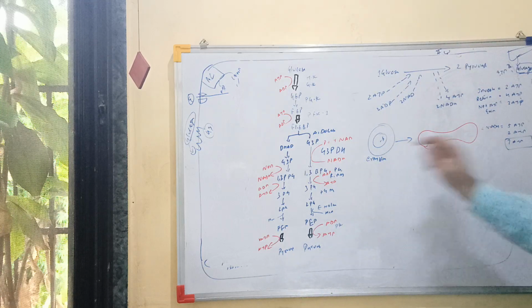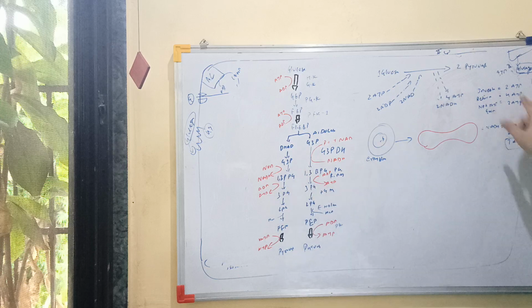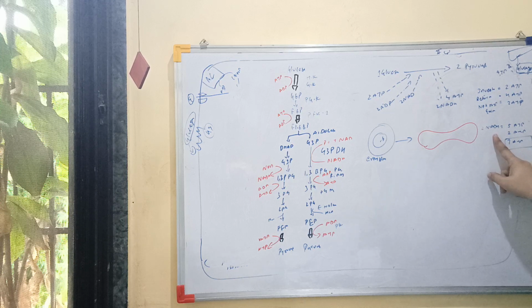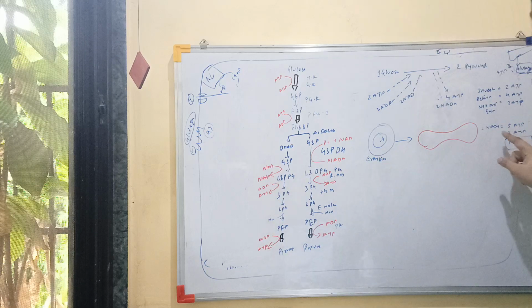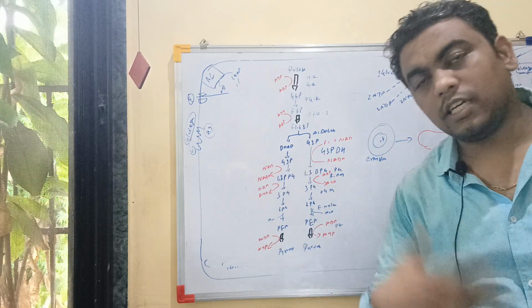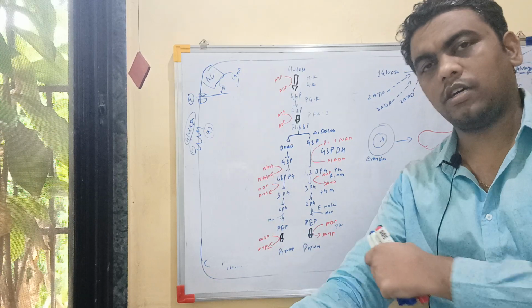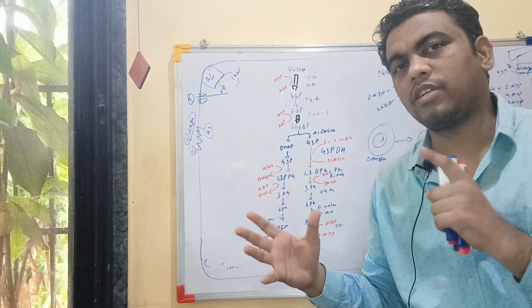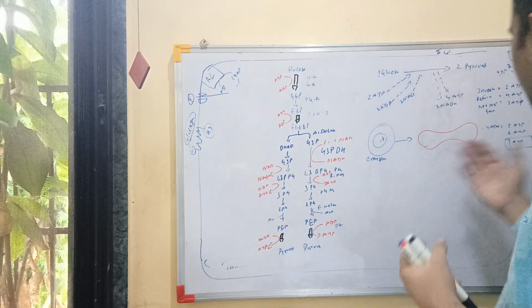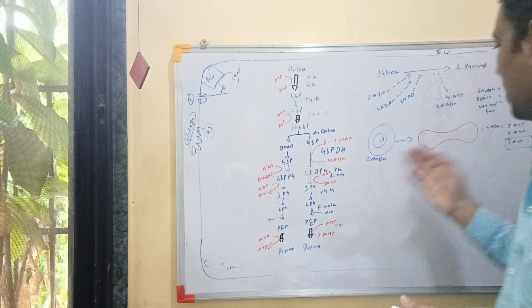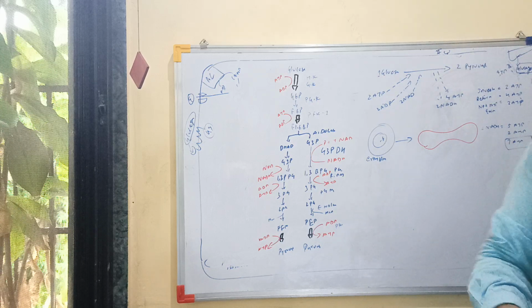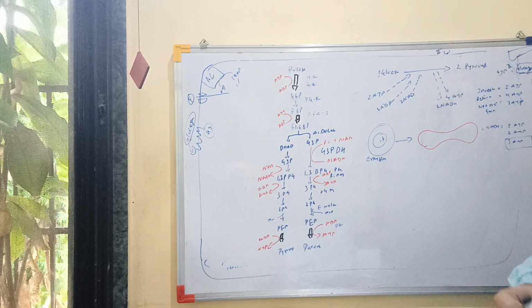In normal eukaryotic cells, these cells will have the citric acid cycle and this NADH will be used, correct? And this NADH will be converted into NAD in the citric acid cycle and specifically in the electron transport chain. But in RBC there is no citric acid cycle, so what will happen to it?